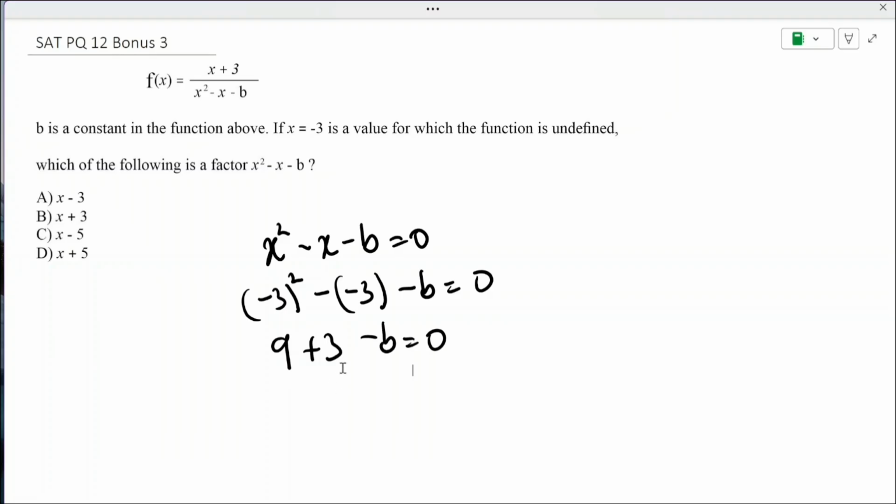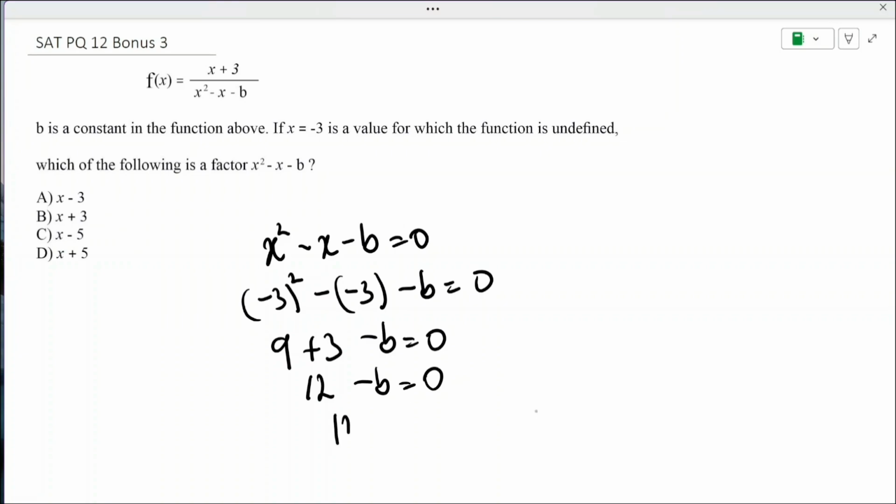9 plus 3, that's 12. 12 minus b equals 0. We're looking for b. This b is negative. You could take this +12 over the equals sign, it turns to -12, and you solve for b. Or you can say, since this b is negative, add b to both sides.